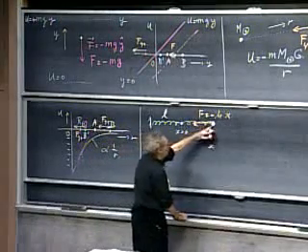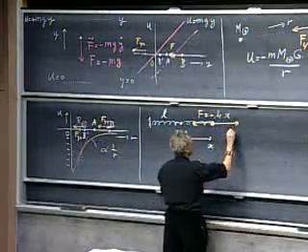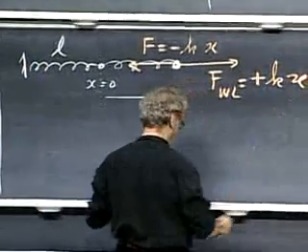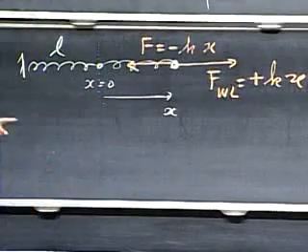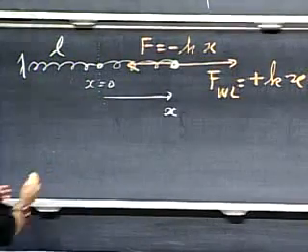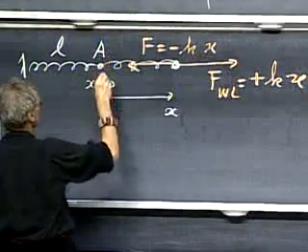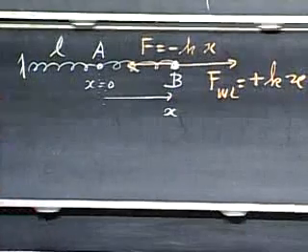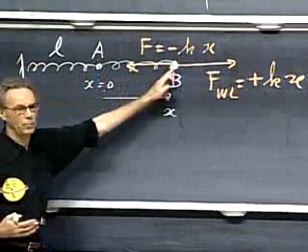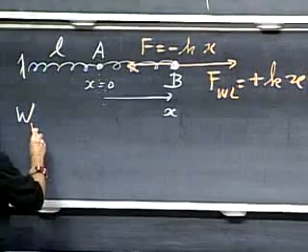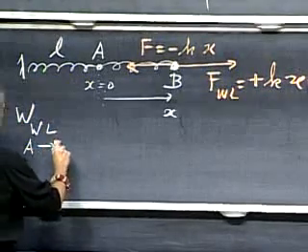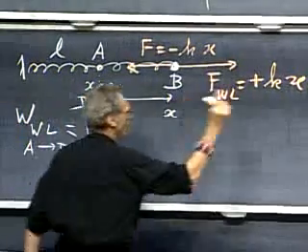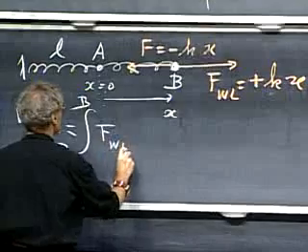It's clear that if I hold this in my hand, the force that I exert equals plus kx. It's in the direction of increasing x. If I call this point A at x equals 0, and I call this point B at x equals x, then I can calculate the work that I have to do to bring it from A to B. So the work that I have to do is the integral going from A to B of my force dot dx.